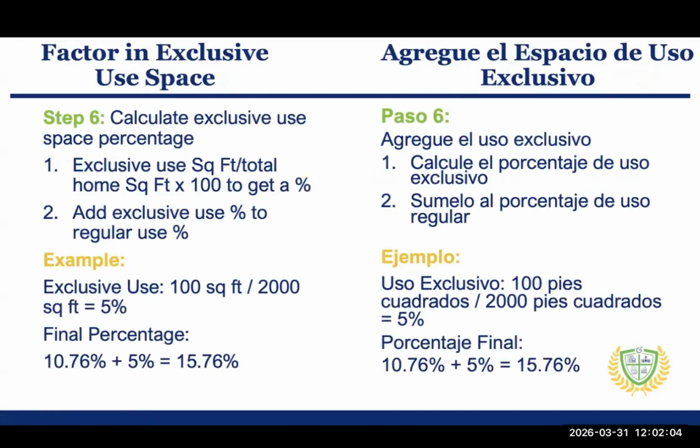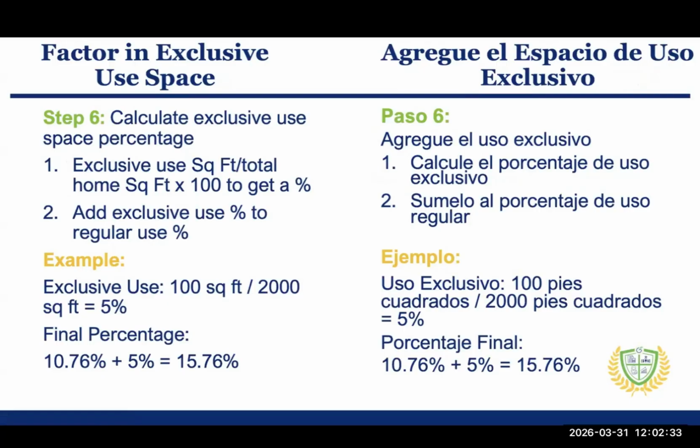Now we're going to step 6, and that's factoring in exclusive use space. For that, we can break this down into 2 steps: step 6 part 1 and step 6 part 2. For step 6 part 1, you can use exclusive use square footage divided by the total square footage.